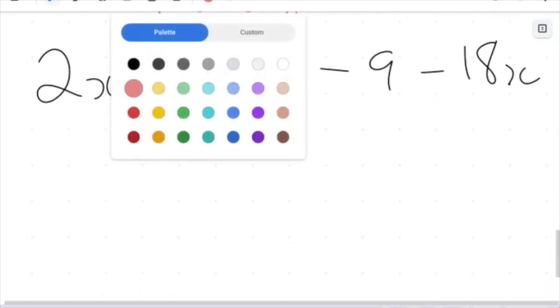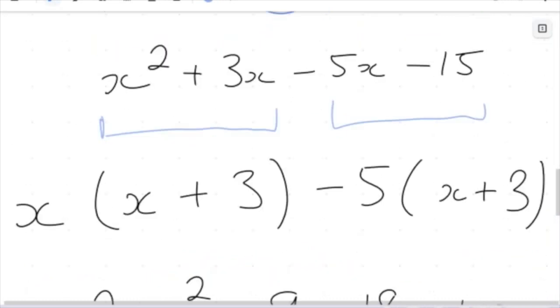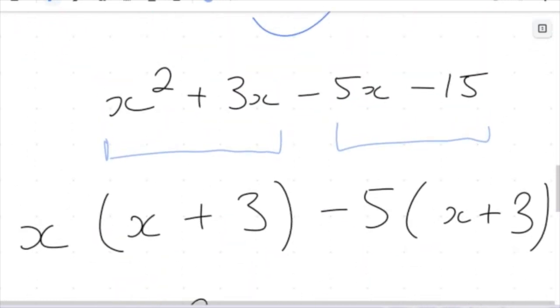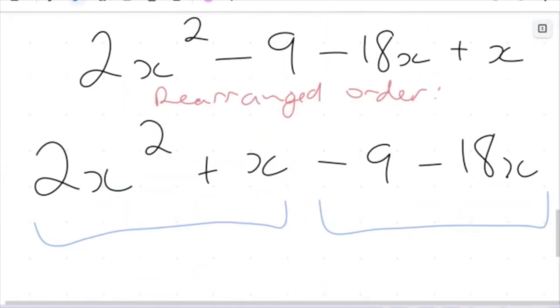Now I'm going to try to group another set of pairs. Now I'm going to try this one and this one. I'm going to see if that gets me a bit further. Because remember, in the end, we want this thing to look like this form down the bottom here, with a binomial factor in each, the same binomial factor in each.